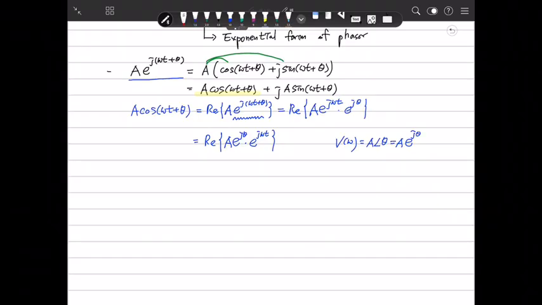Then we can apply this form here. So that will be the real part of V omega exponential j omega t plus theta.